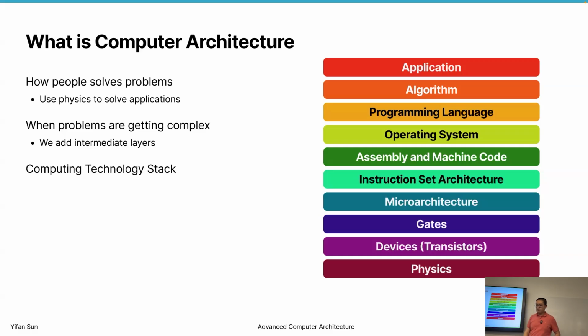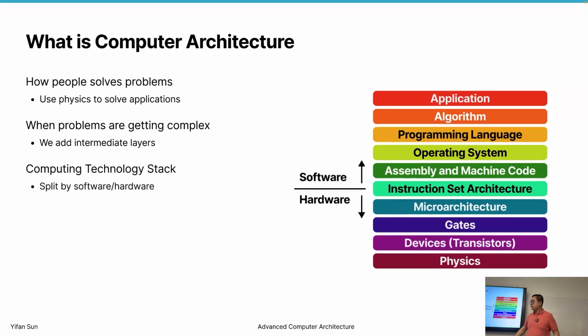From here on top, we start to go into the software domain. For example, we have assembly and machine code, the very basic software we use to communicate with the hardware. Then we have operating systems, programming languages, and algorithms. Those are some course titles that you may have already taken.